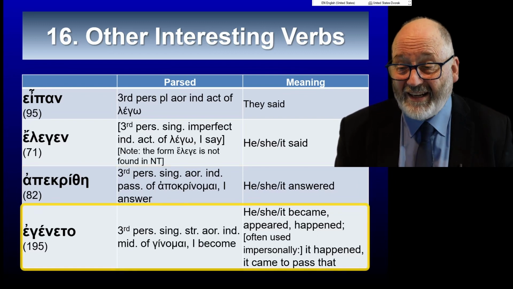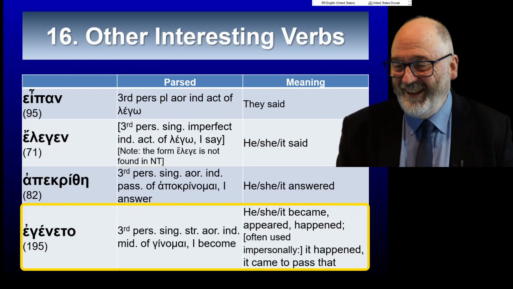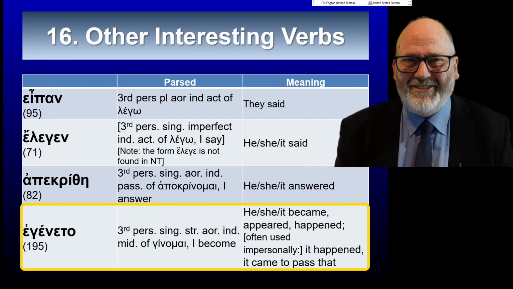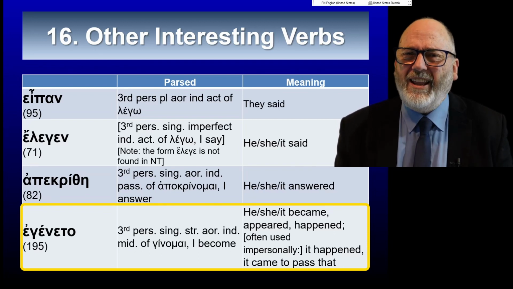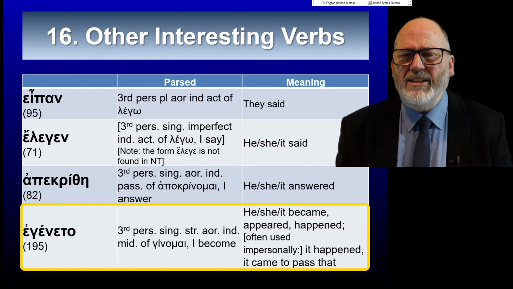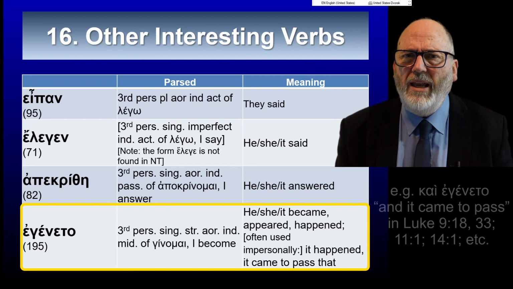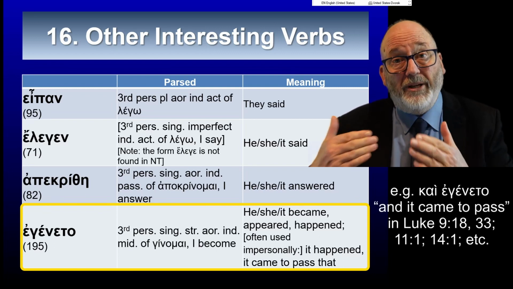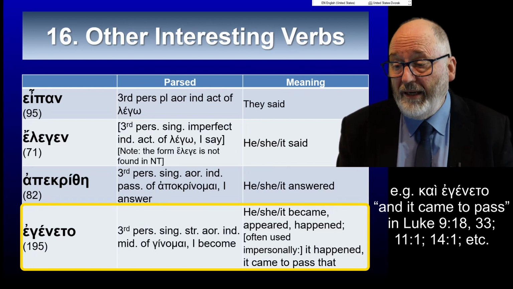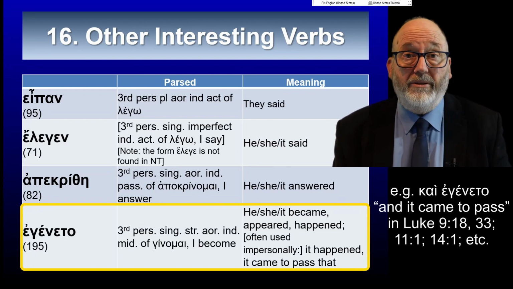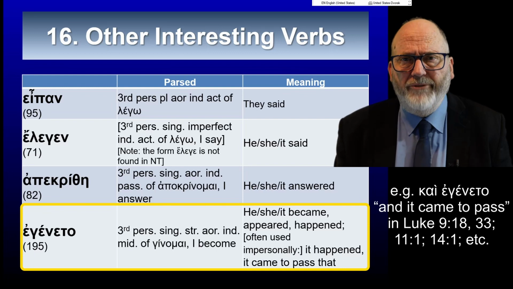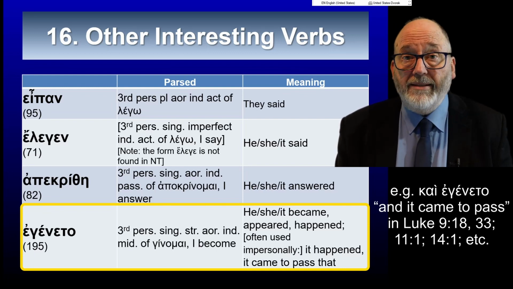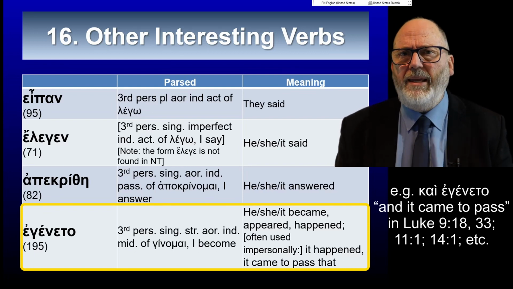And ἐγένετο, oh wow, this is a really, really interesting verb. It's used in a situation which mirrors the Hebrew way of saying, well, this is what happened next. Καὶ ἐγένετο means it happened or it came to pass. The verb γίνομαι means, well, become, come into being.